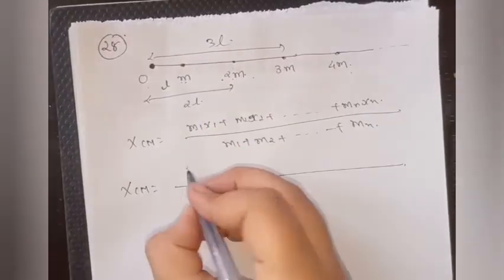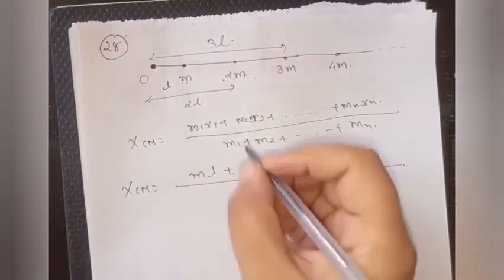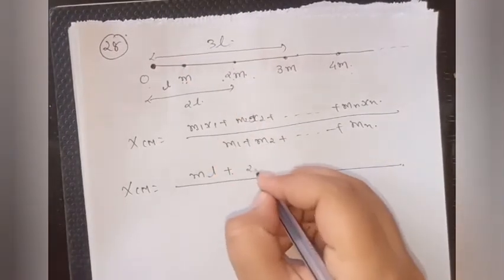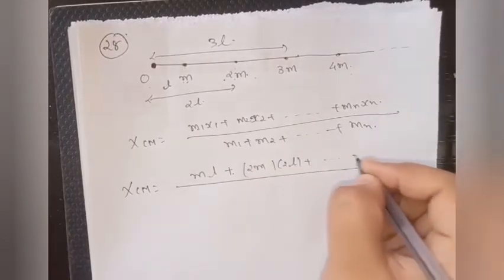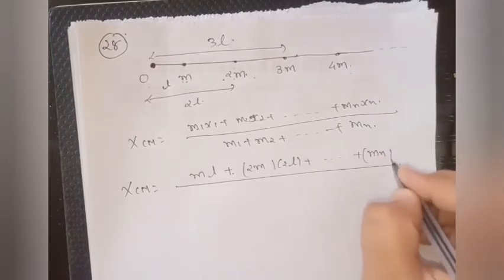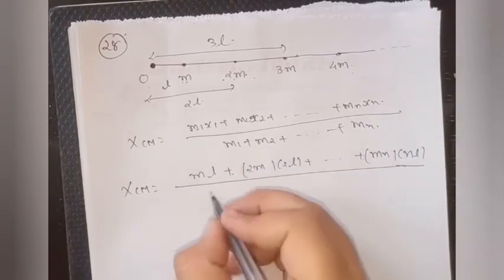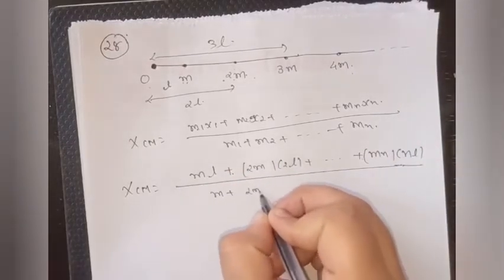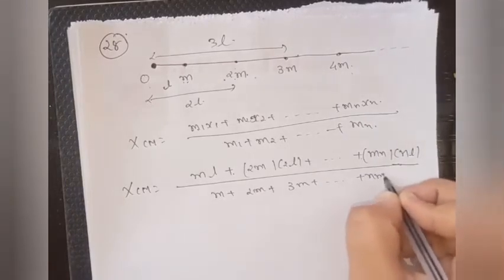Here mass of first particle is m and its distance is L, plus mass of second particle is 2m and its distance is 2L. Mass of nth particle will be nm and its distance will be nL. Divided by total mass m + 2m + 3m up to nm.